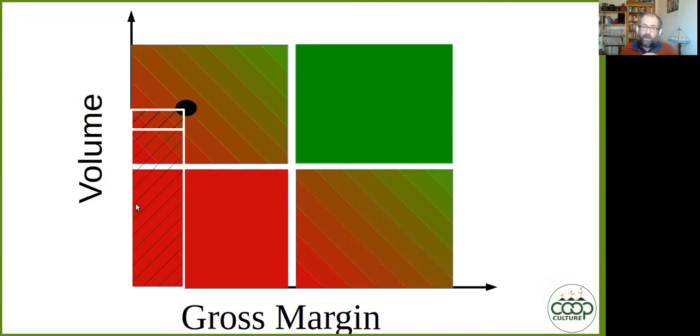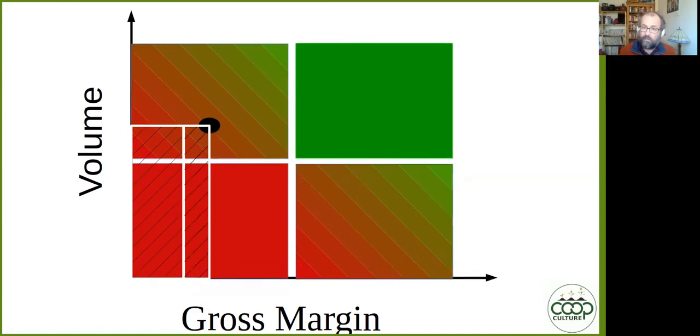So if you are a high volume, low margin business, increasing your sales by a small amount has a negligible effect on your gross profit. Whereas increasing your margin by a small amount, as you can see, this rectangle now is much bigger. The area of this rectangle is much bigger. So increasing your margin or small fluctuations in margin have a much bigger effect on your gross profit than small fluctuations in volume.